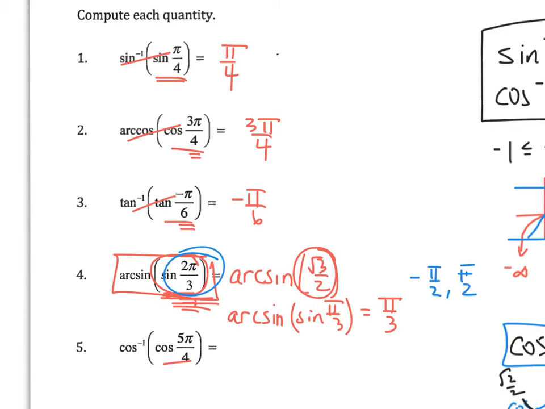I heard 3 pi over 4. Do you agree with that? Okay, so therefore, this is the same question as the cosine inverse of cosine of 3 pi over 4. And now, cosine and cosine just cancel each other out, and I get 3 pi over 4.